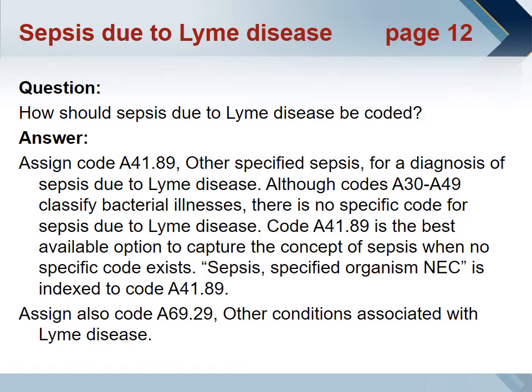And then we're given the instruction at the end to assign also code A69.29, other conditions associated with Lyme disease. Worth noting that the instructions don't tell us to code as a secondary diagnosis Lyme disease, A69.20, but in fact A69.29, other conditions associated with Lyme disease, meaning the sepsis.